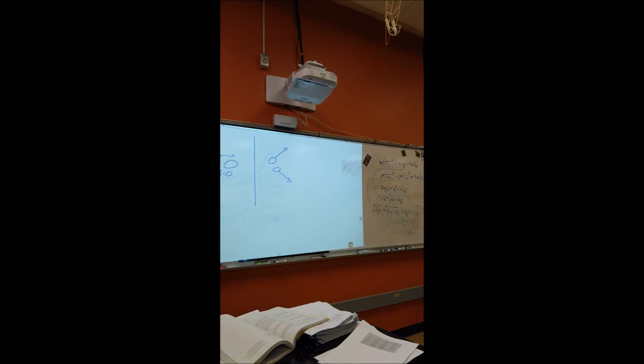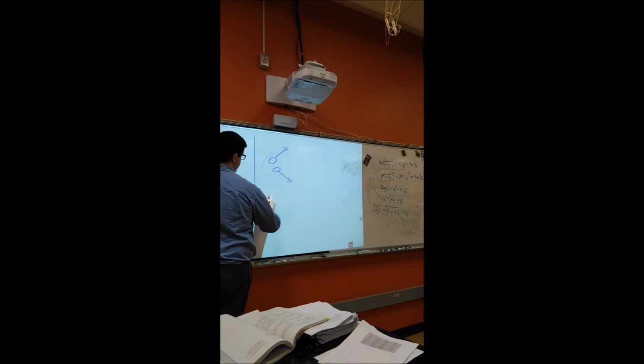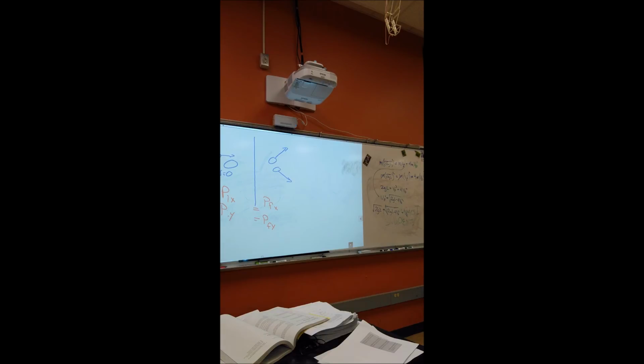But the main thing you have to know here is that P initial in the x direction and P initial in the y direction equals P final in the x direction and P final in the y direction.